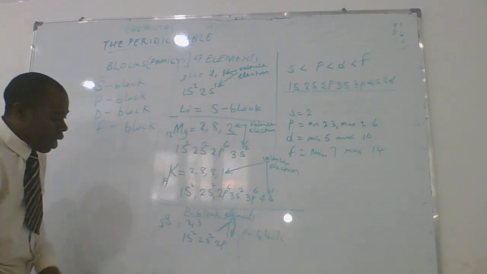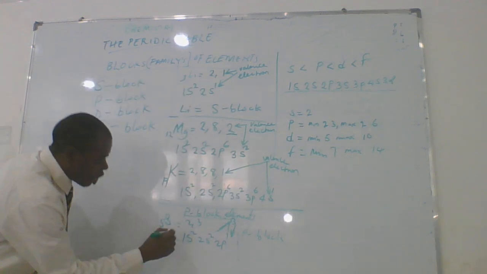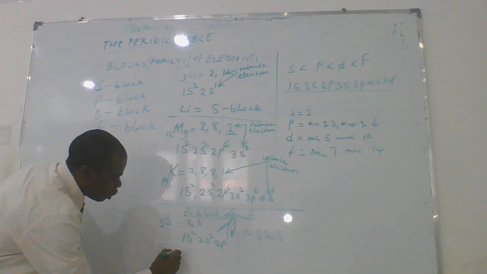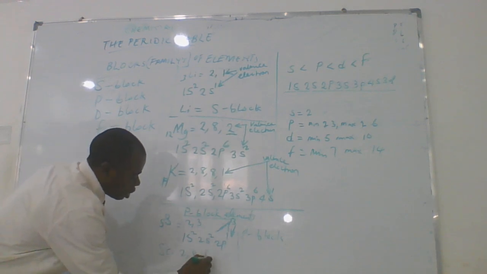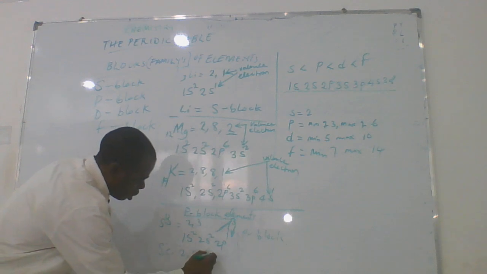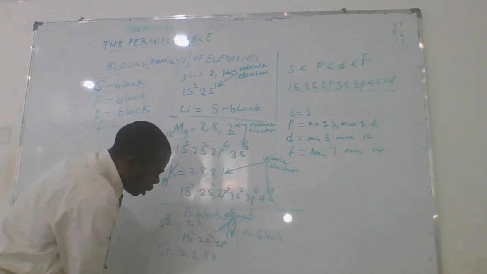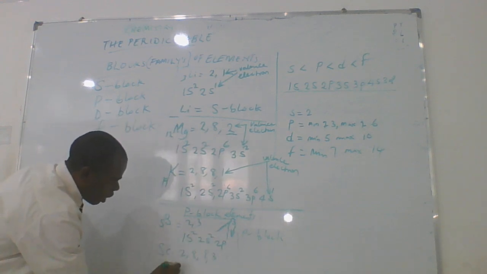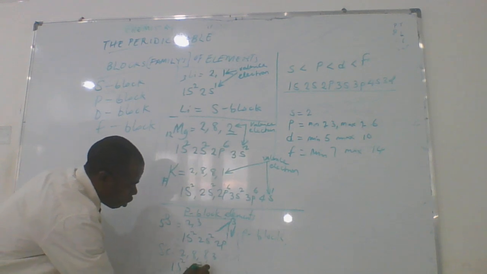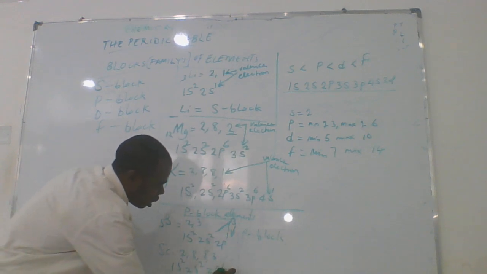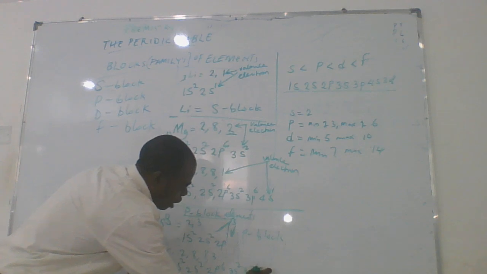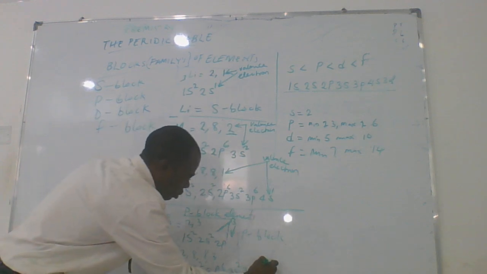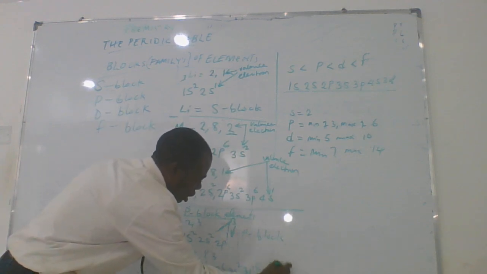Then for the d block, let's look at scandium because of time. Scandium is number 21. You have 2, 8, 8, 3. In this case, I will just put this as 1s2, 2s2, 2p6, 3s2, 3p6, 4s2, and 3d1.